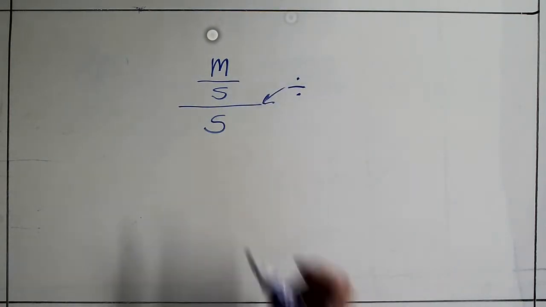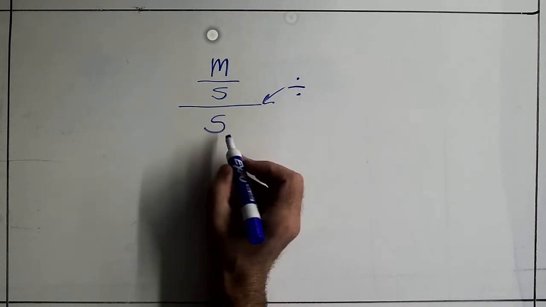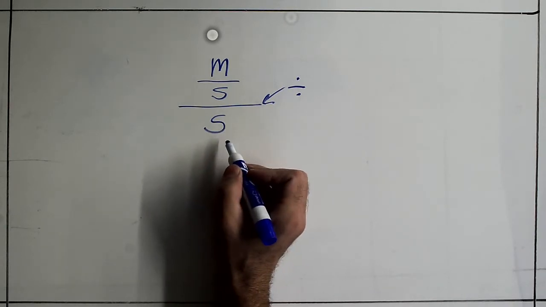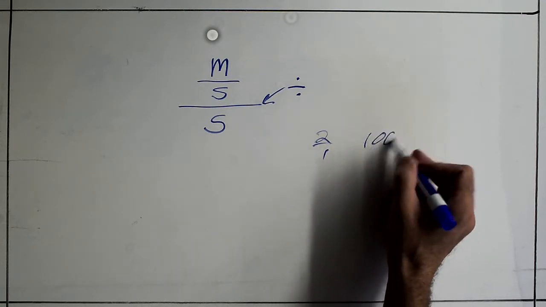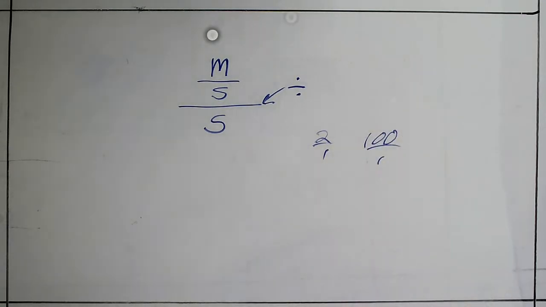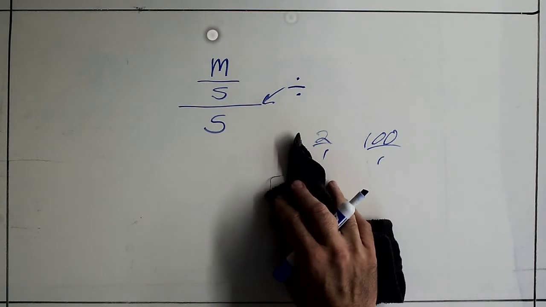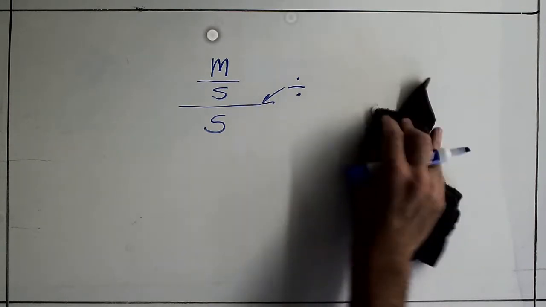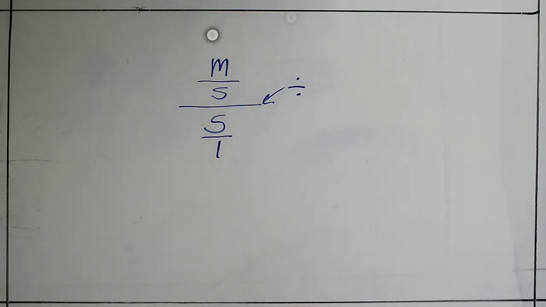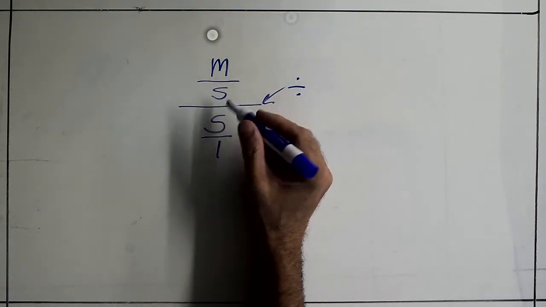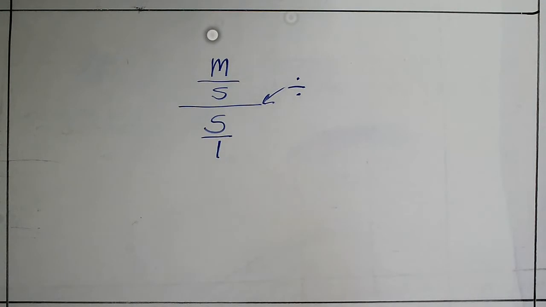So I'm going to take this S right here first, and you can put anything over 1. 2 over 1 is 2, 100 over 1 is 100, right? I can put any number over 1, and it's just itself. So I'm going to take this S and put it over 1. So it's meters per second divided by seconds over 1.